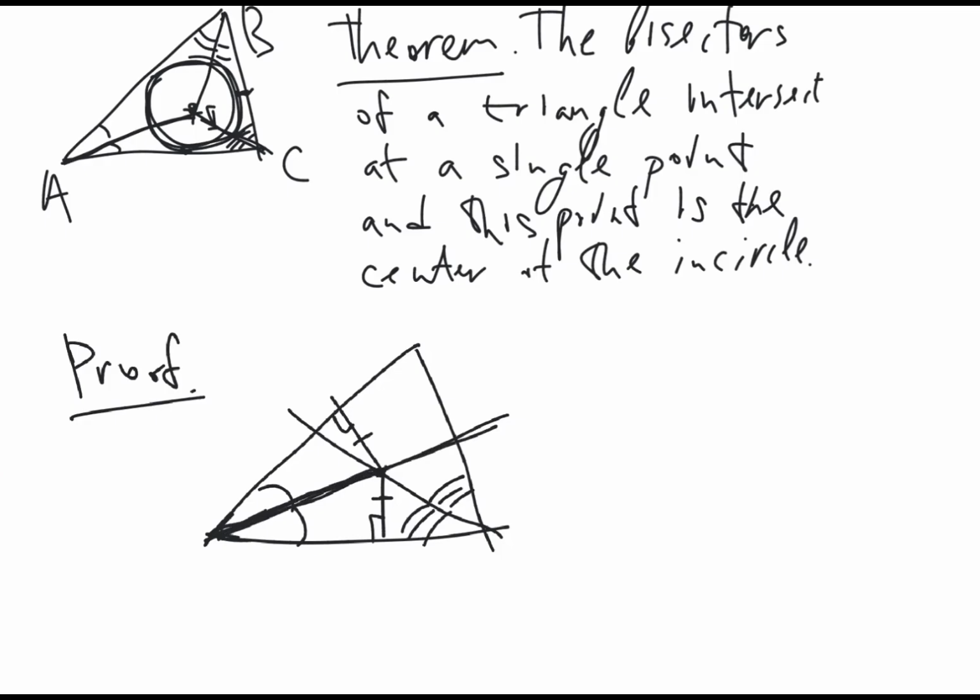But because it also lies on the other bisector, it is at the same distance from the two other sides, from this side and from this side, right?